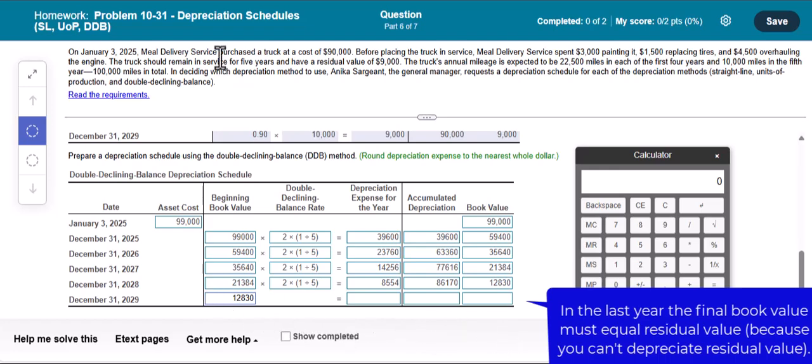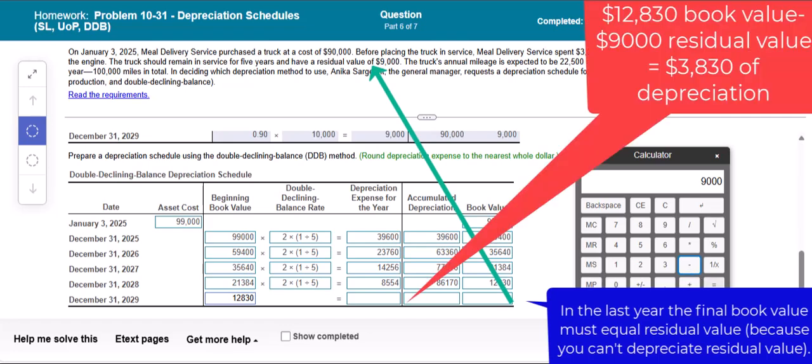So we have 12,830 left as the book value at the beginning of the final year, but then we have to subtract out the residual value of the asset here, the truck. So that depreciation expense for the last year is going to be 3,830. So we can go ahead and input that there.